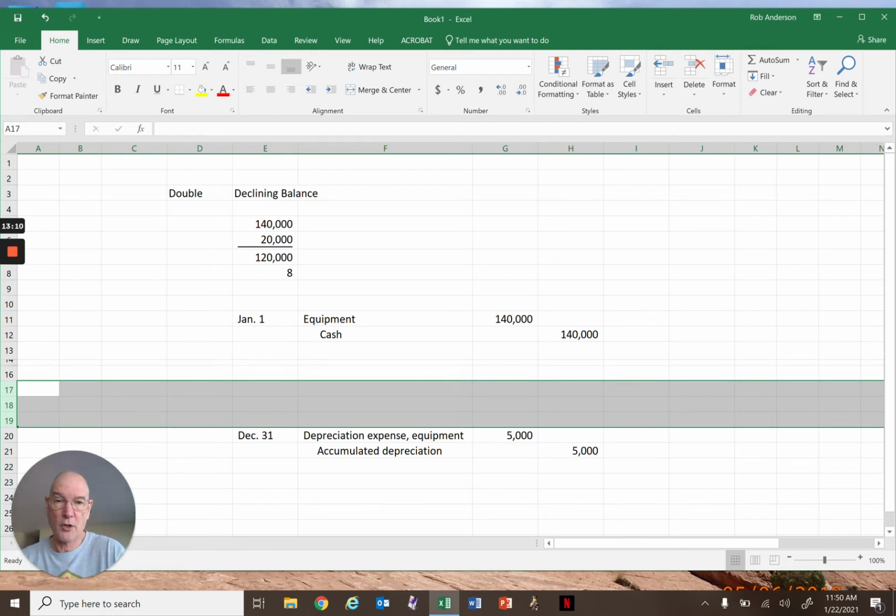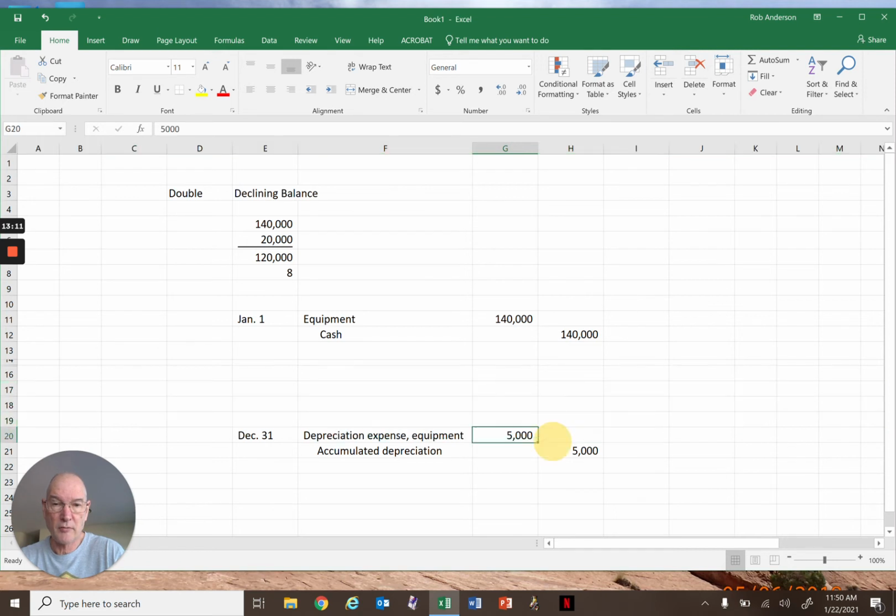Now the thing about declining balance depreciation is that we consider the residual value of this equipment at the end of the calculation, not the beginning. So even though this residual still is 20,000, we're going to ignore that for now. And here's the calculation.